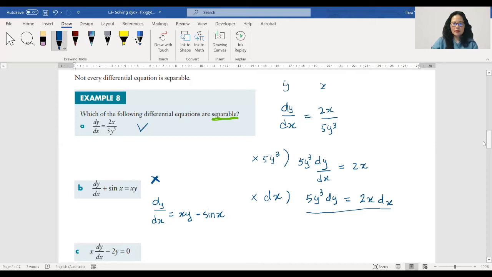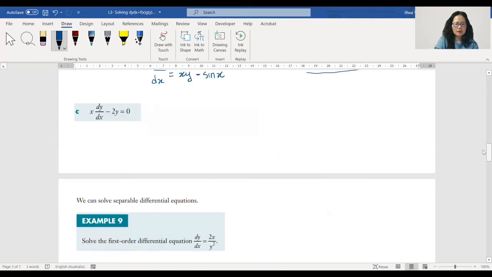And then let's have a look at the third one, part C. Okay, this looks okay to me. So x dy/dx equals 2y. Okay, and then if you want to, 2y over x, and then we do the same process if you want.